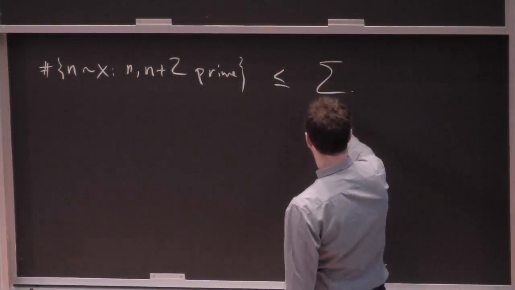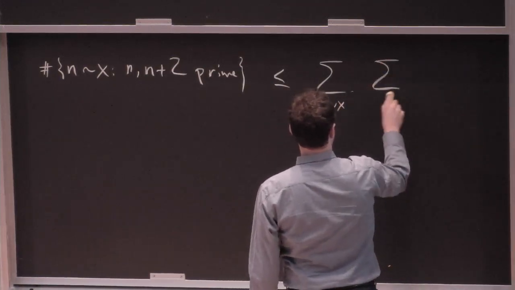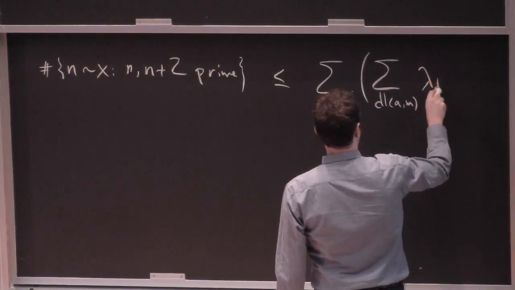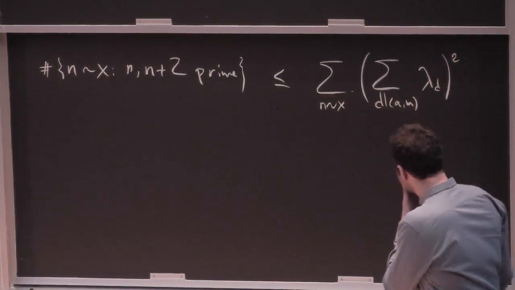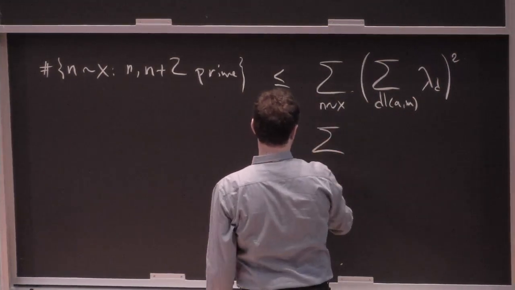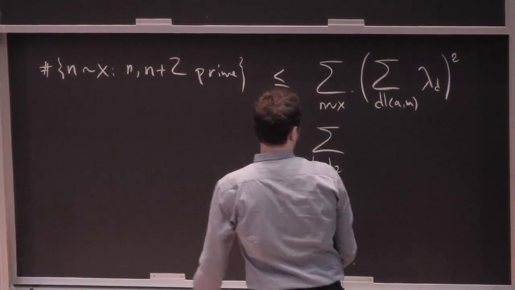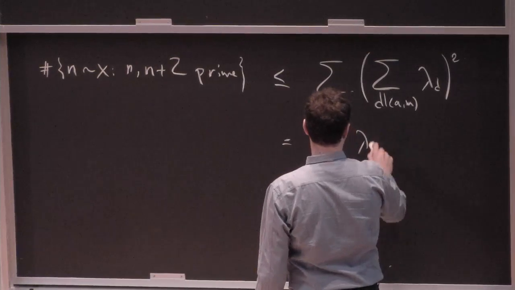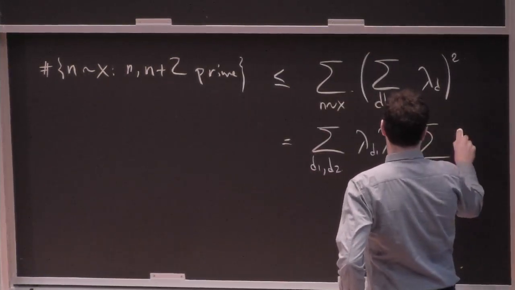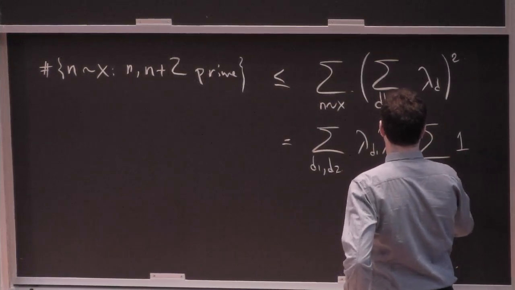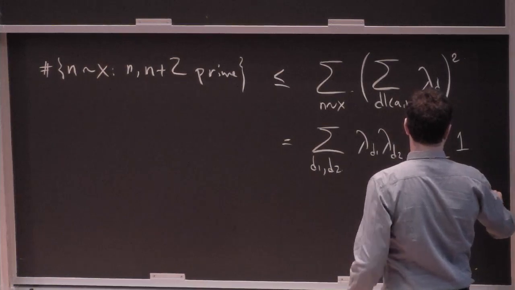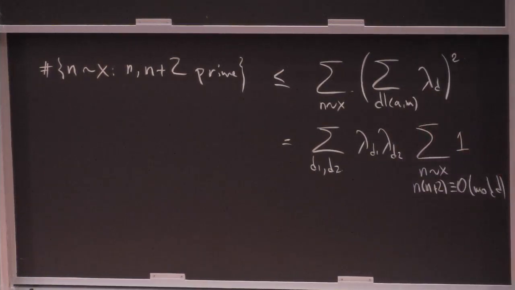So what is the upper bound? The sum over n up to x, and then this summation, and then if I open the square and change the order of summation, I get the summation over d1, d2 of lambda d1, lambda d2 times this count.